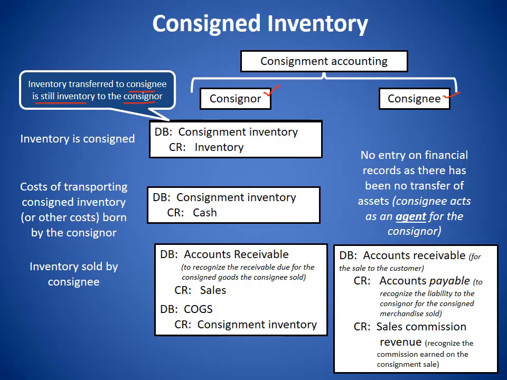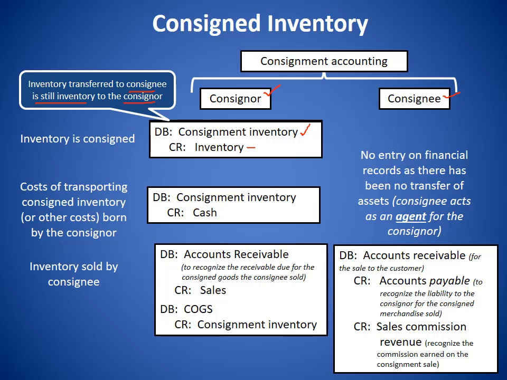So when we consign the inventory, typically what we will do is ensure, from a financial reporting point of view, that we take that amount out of our normal inventory account, and then we move it into the special account called consigned inventory. So this represents a value of all inventory that is on consignment.